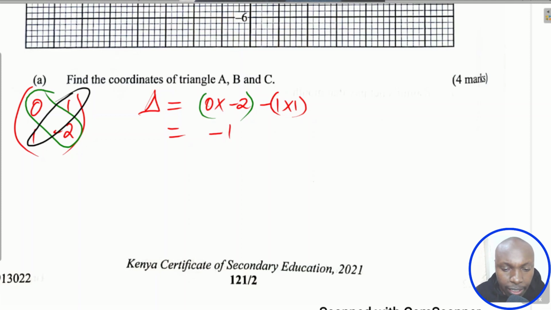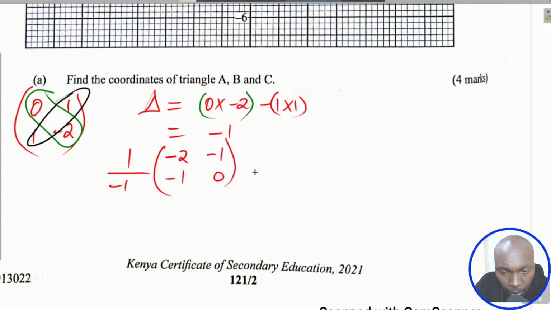So to get the inverse, we get 1 divided by the determinant, which is negative 1, and then we interchange the values as we did earlier. When you interchange, you get (-2 -1; -1 0), and this gives (2 1; 1 0).